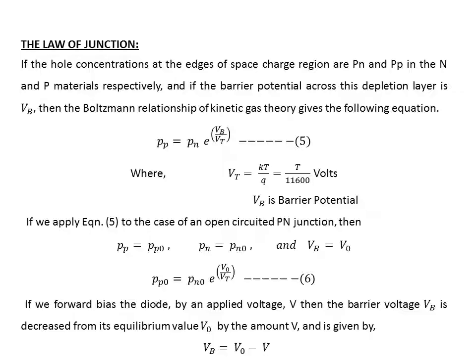Now equation 5 becomes as shown in equation 6, which is given by Pp0 equals Pn0 into e power V0 by Vt. If we forward bias the diode by an applied voltage V, then the barrier potential Vb decreases from its equilibrium value V0 by an amount V and is given by Vb equals V0 minus V.